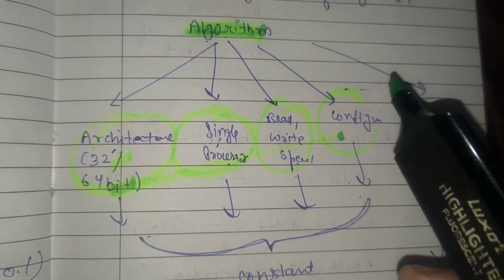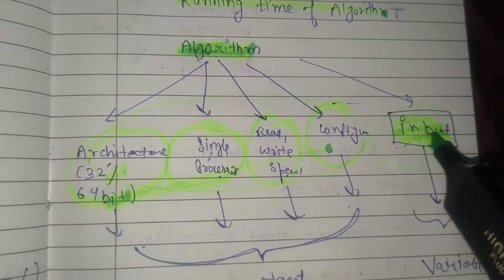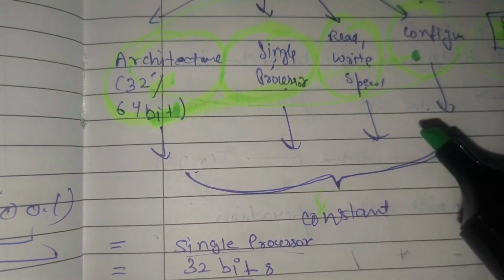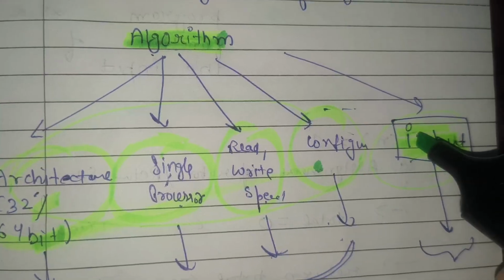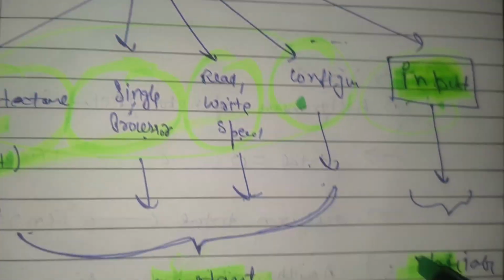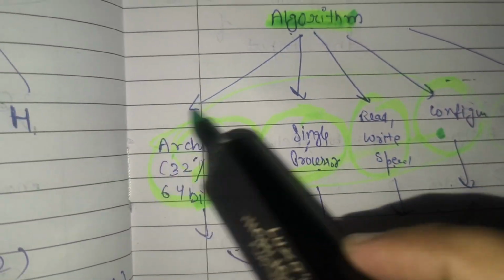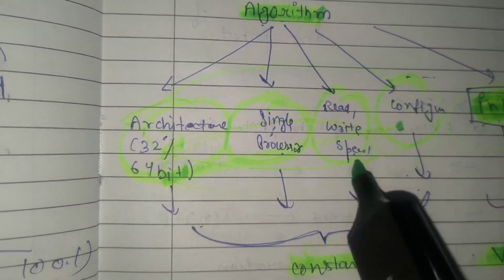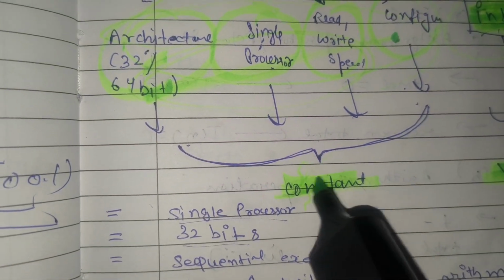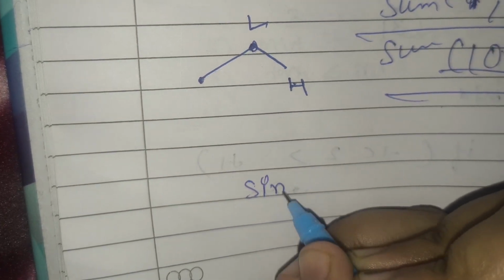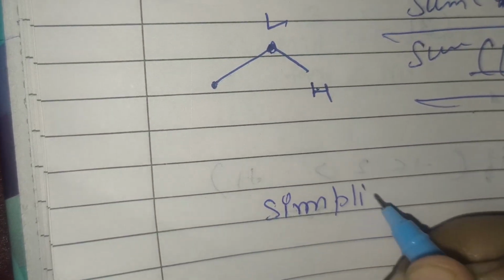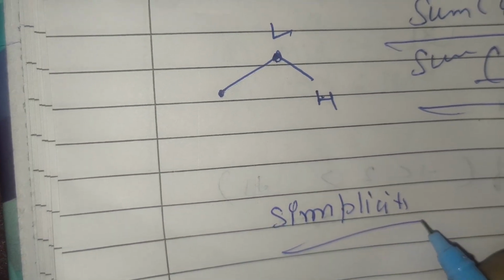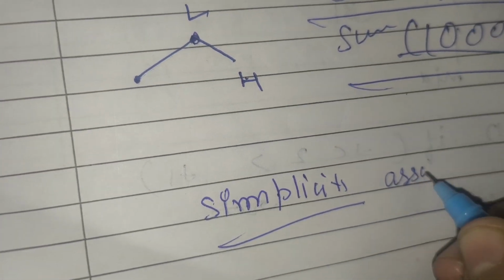We are dividing them into two parts: one is constant and the second is variable. So we are considering the input value as variable and keeping the rest of the factors under a constant umbrella. For simplicity, we are just going with assumptions.